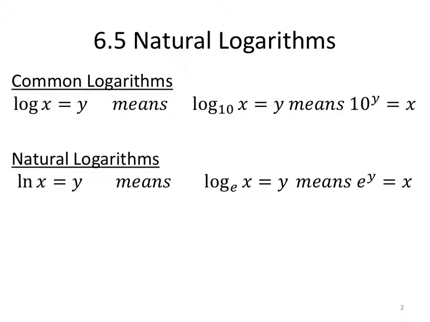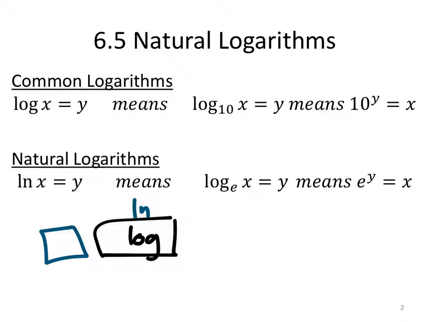And if you look closely on your calculator, you should find a button ln. Sometimes it's not capital L. It's, in fact, sometimes neither of them are capitalized. But there's an ln button, which is the natural log button. In some cases, you have a log button and then right above it in different colors, the ln stuff, which means to get to that, you just got to push the second button and then the log button.